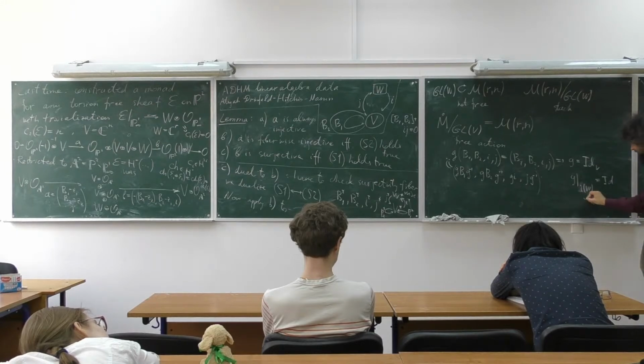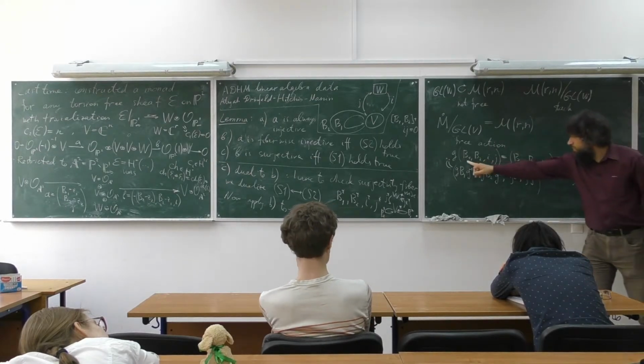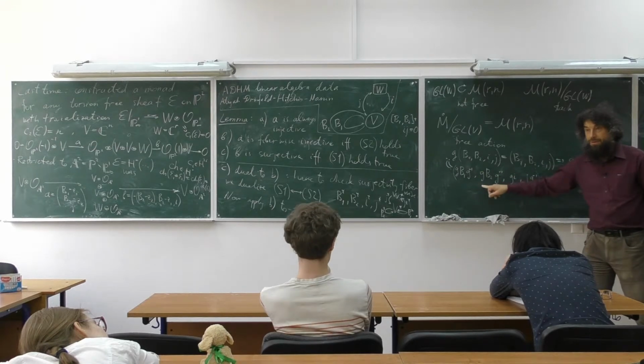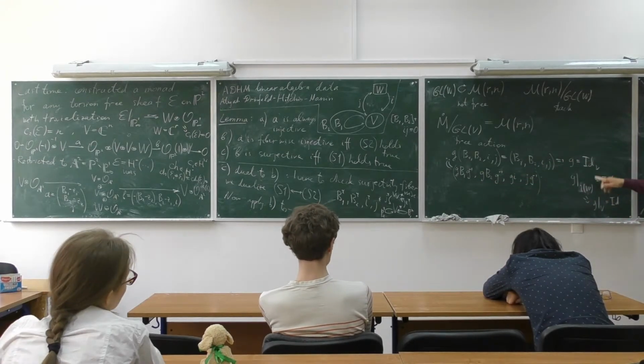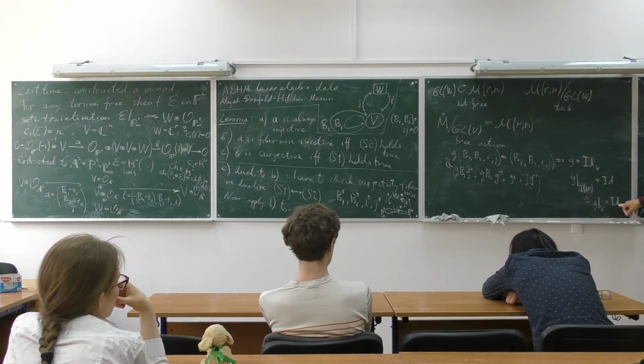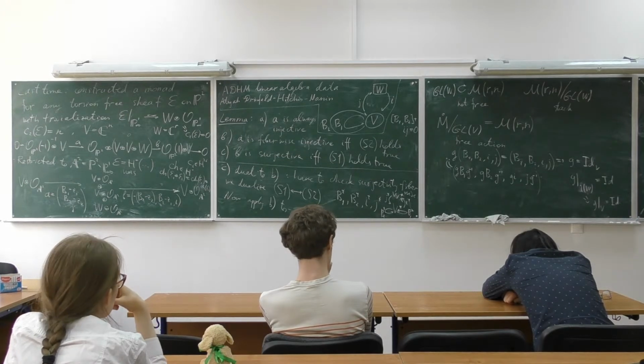And so it implies that G restricted to the whole of V is identity. So G commutes with B1 and B2. B1 and B2 generate everything, so G is identity on everything. Okay?